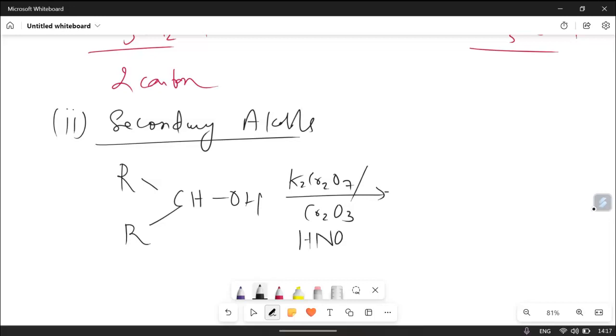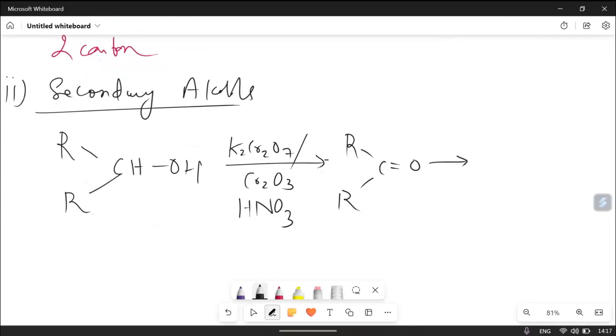So it will form ketone first, RC double bond O R, and further oxidation gives RCOOH plus CO2 liberated plus water molecule.